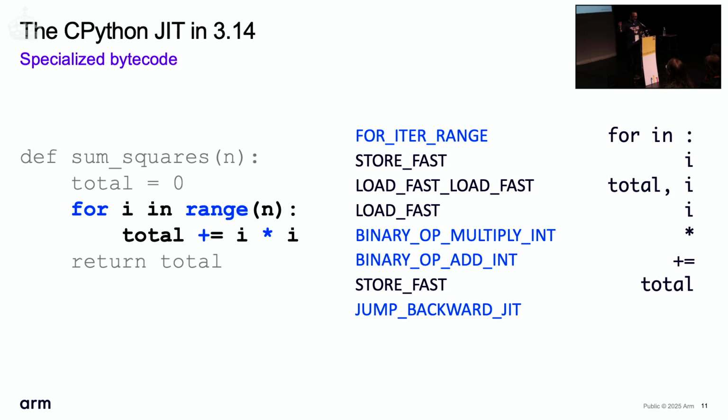In this case, the BINARY_OP for the multiplication becomes BINARY_OP_MULTIPLY_INT, BINARY_OP plus equal becomes BINARY_OP_ADD_INT, and FOR_ITER might become FOR_ITER_RANGE, because we assume it's iterating over a range object. These specialized instructions are faster because they skip dynamic type checks. They assume the type, and they are correct as long as the runtime guards hold.